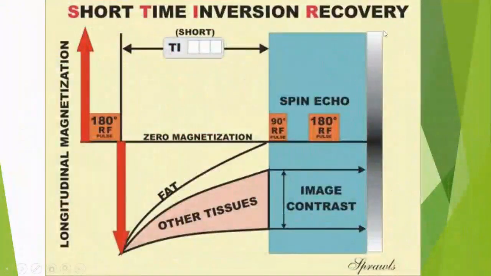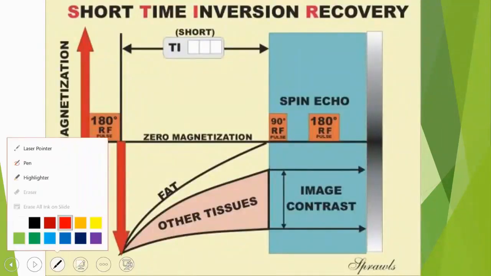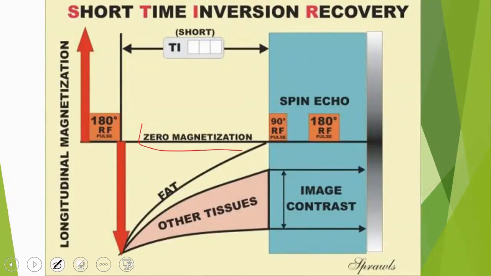You need bright signal. But if magnetization reaches the null point, this area, or the XY plane, when reaching the zero magnetization stage at this point, there is no longitudinal magnetization.